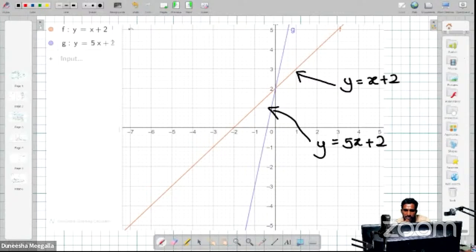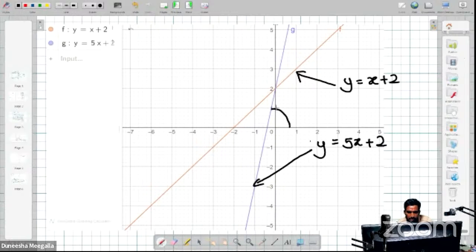But what is the angle? Which has the bigger angle, y equals 5x plus 2 or y equals x plus 2? I will erase a bit here. This is the 5x plus 2.